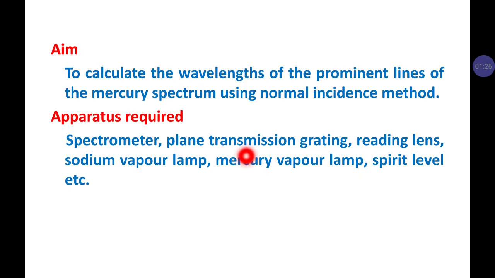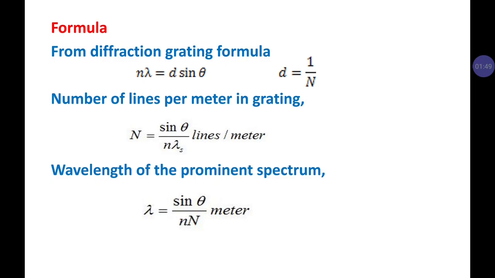For the transmission grating plate, we need 15,000 LPI, which means 15,000 lines per inch. And the reading lens is used to see the measurements. Today, while taking measurements, we will be using this reading lens. So these are the apparatus required.